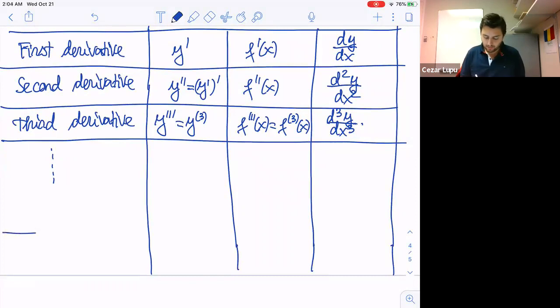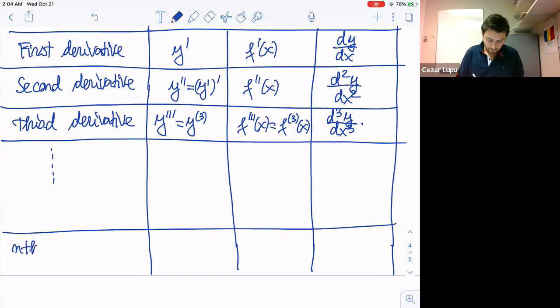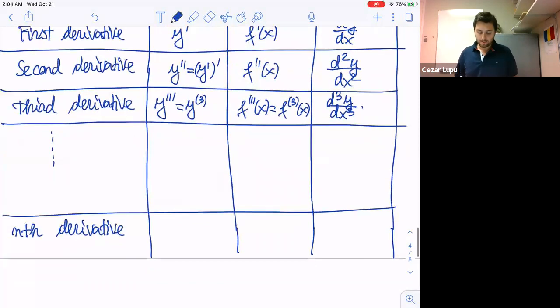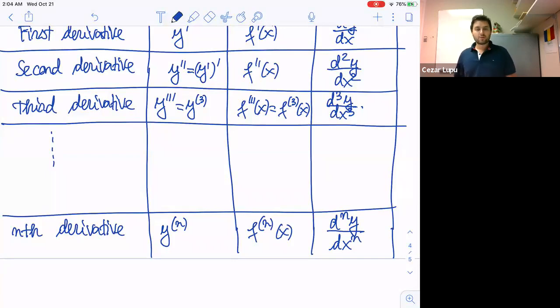And the nth derivative will look like this. I'm going to write it in this way, with n in parentheses, or like this, or if you want in Leibniz notation, d to the n of y over dx to the n. So just like I said, the second derivative is the derivative of the first derivative, right?